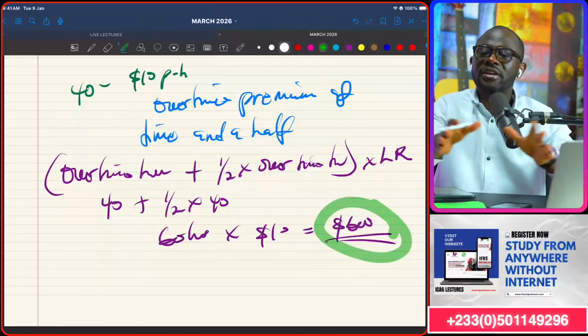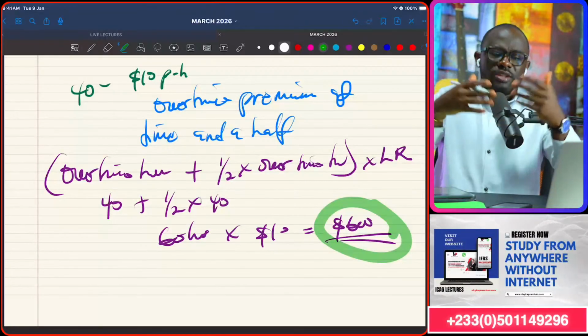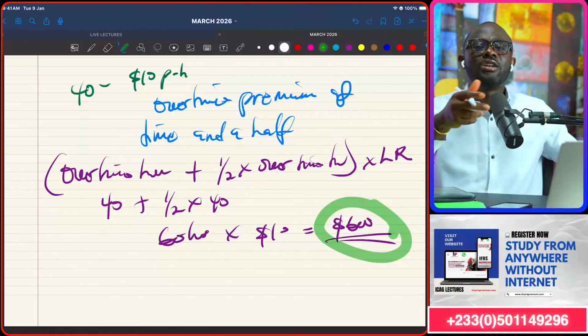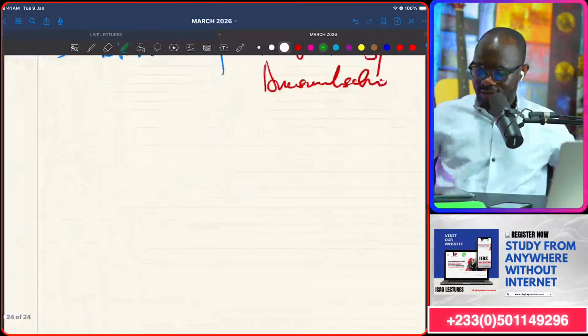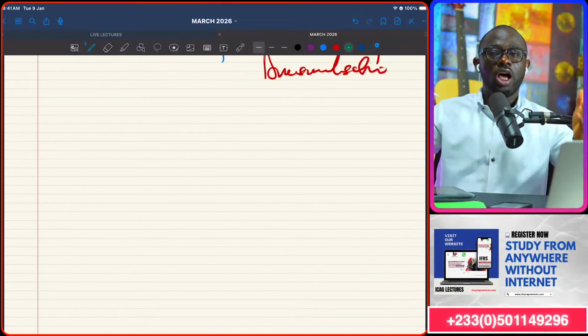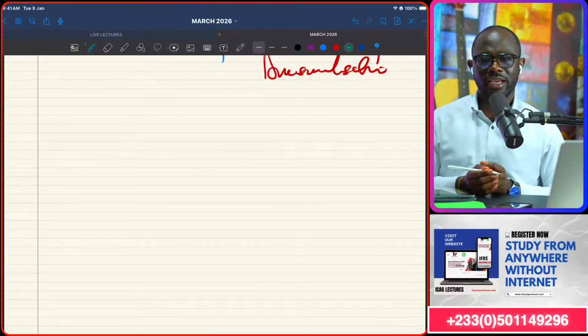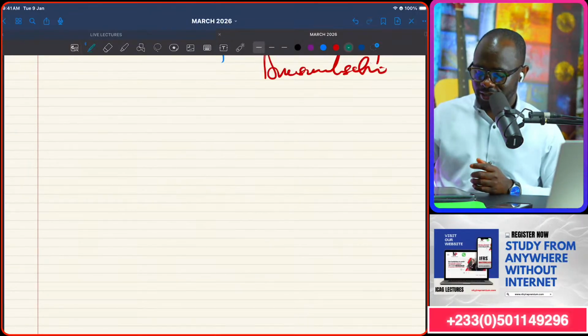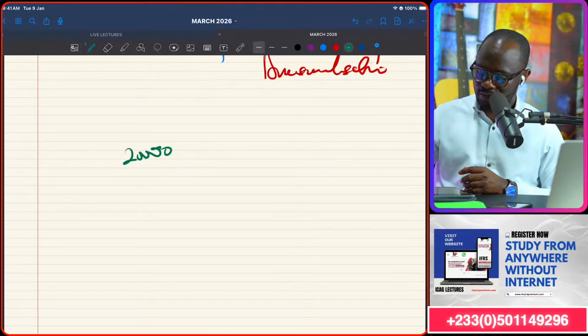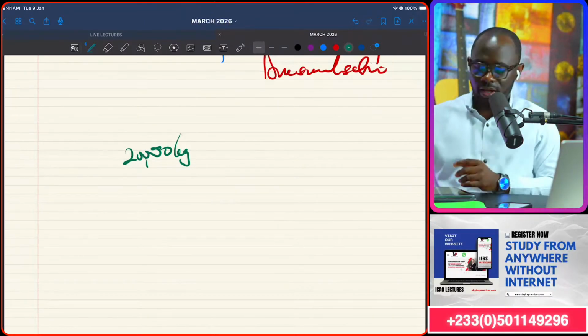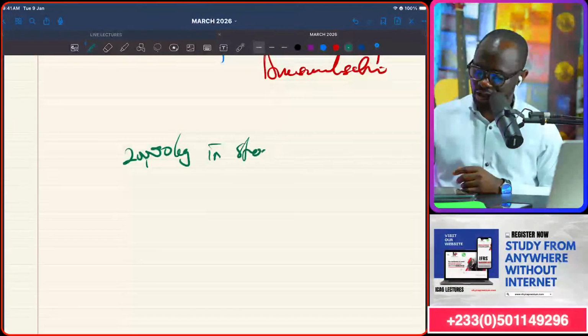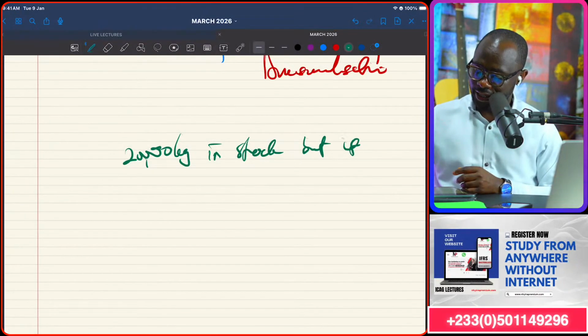Now, this is just a freestyler, right? When you get to short-term decisions, there are other nuances there. Like, for instance, you will read something and they will say that an entity is undertaking a project and they need a material, maybe 20,000 kilograms. It's already in stock, but it is in constant use.